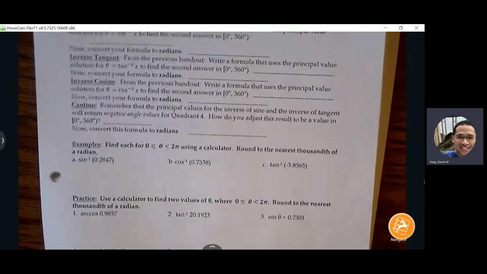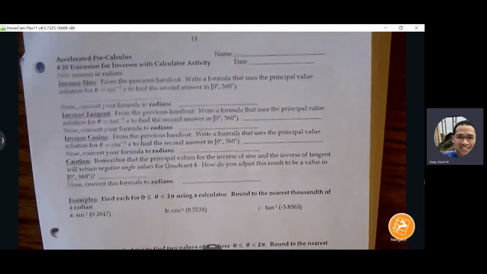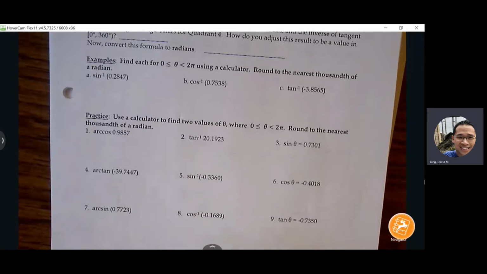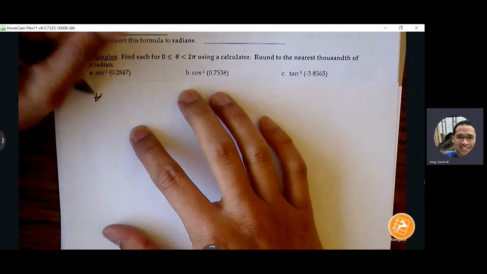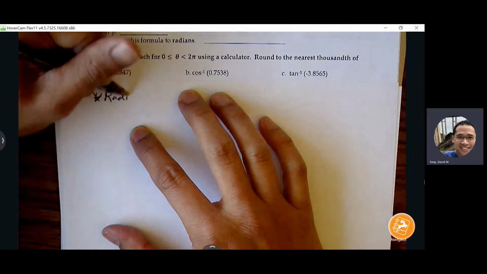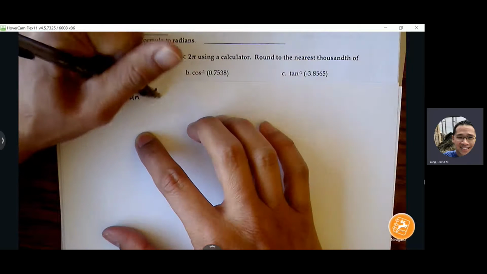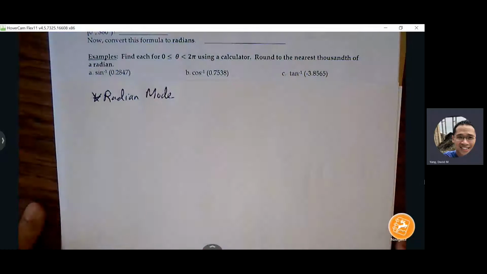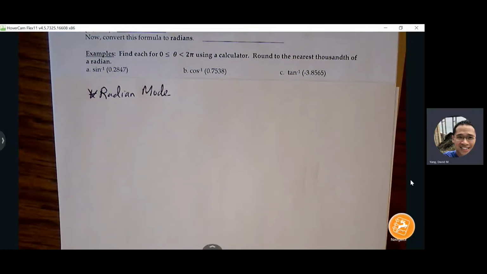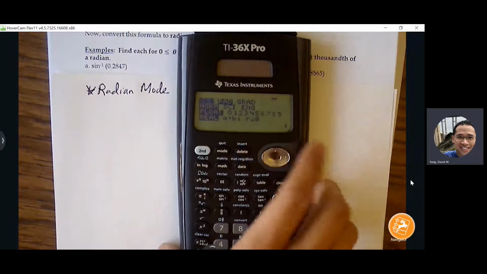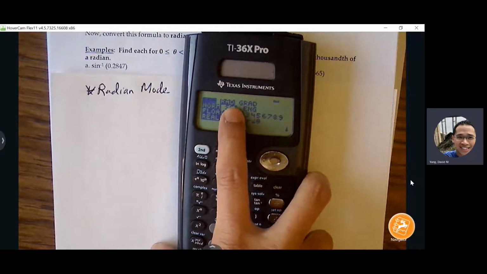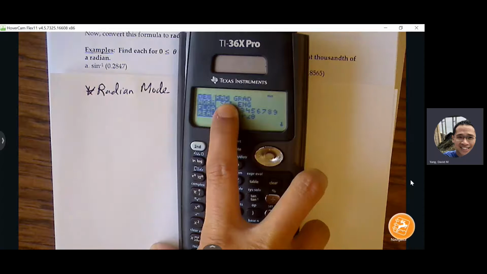Okay, so page 15. First thing you want to do is make sure that you're in radian mode. Go to your mode button, that top row here, and make sure RAD, radian, is highlighted.